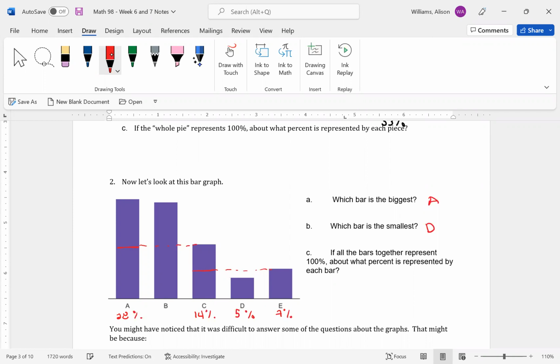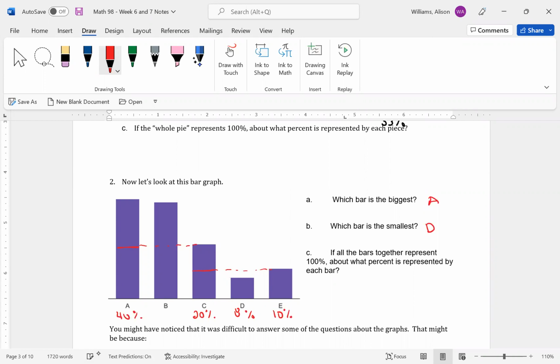All right. So let's go ahead and say, how about D is 8% and E is 10%. That means C would be 20 and A would be 40. Okay, so let's see.